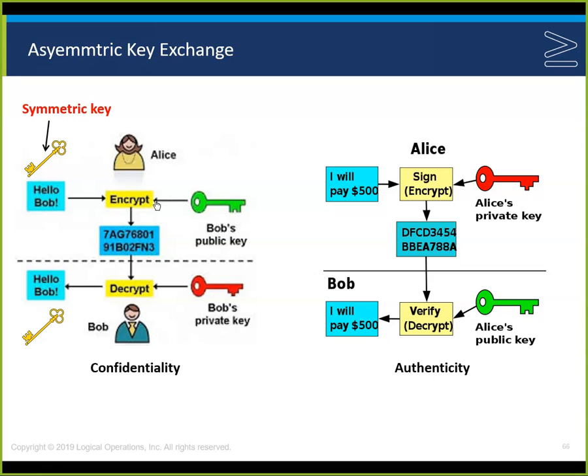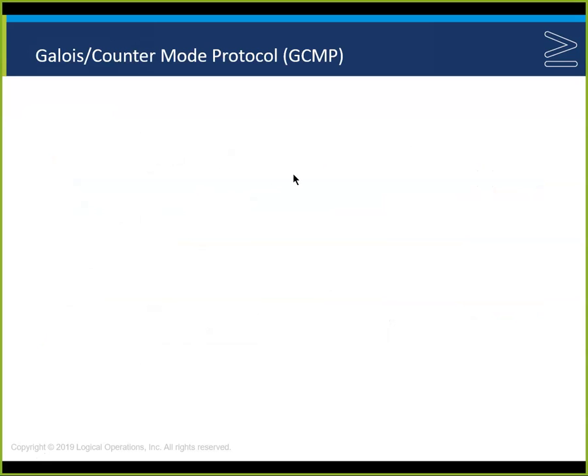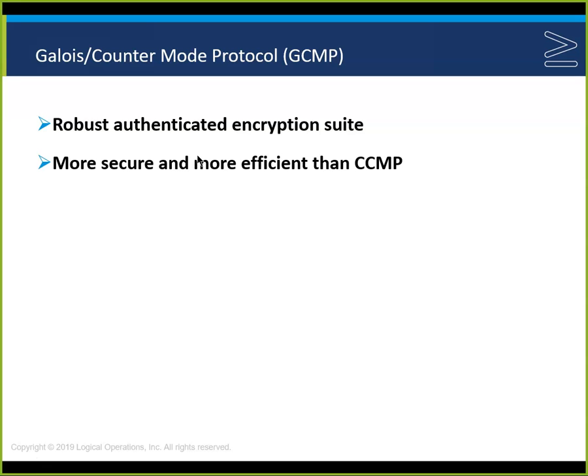Over here, after we do the key exchange, we can use the symmetric key in order to make the systems quicker. The Galois Counter Mode Protocol, a robust authenticated encryption suite, is one that we don't really hear a whole lot about, but it's used in WPA3. I guess we will hear a lot about it. I'll be honest, I hadn't heard a whole lot about WPA3, just that it is now being used.